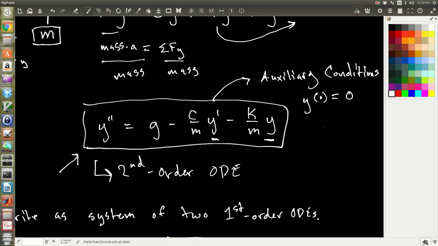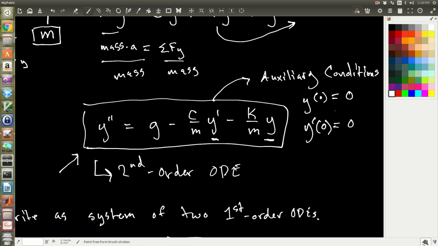I could just say it's equal to 0, so it starts out at equilibrium. And I need an initial value for the velocity. I'm just going to say it's equal to 0. That would correspond to my mass starting from rest at equilibrium position, and then you just letting it go and watching it bounce up and down and oscillate.